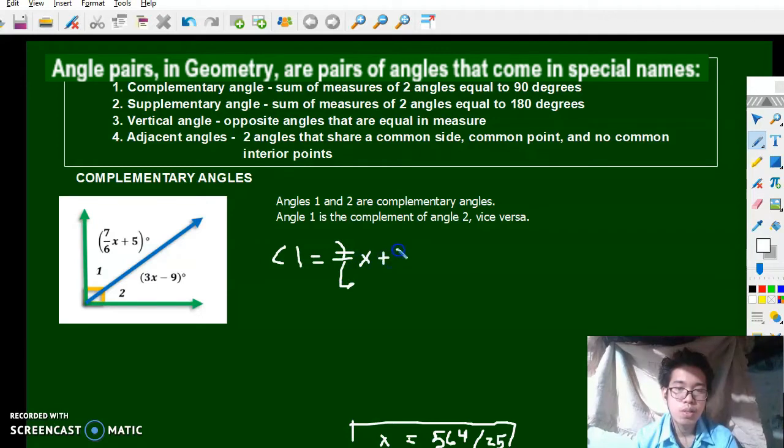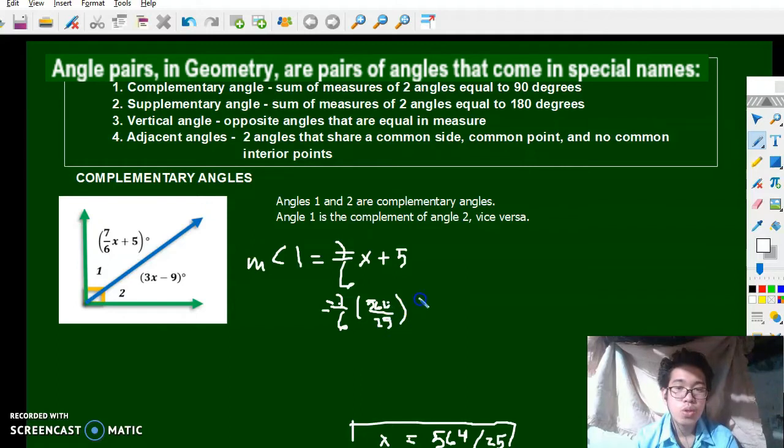You simply substitute the value of x, 564 over 25, then close parentheses plus 5.